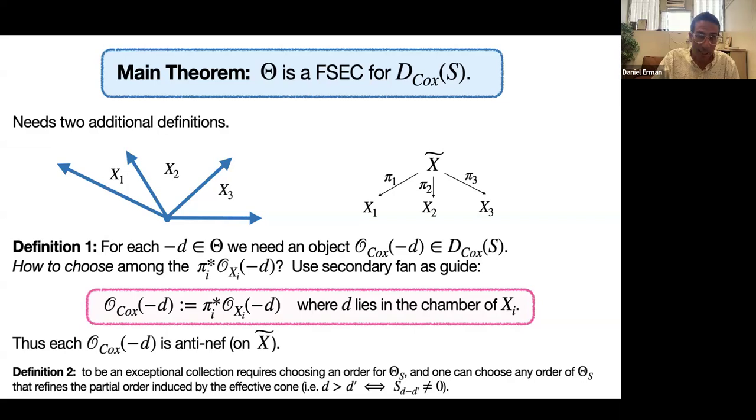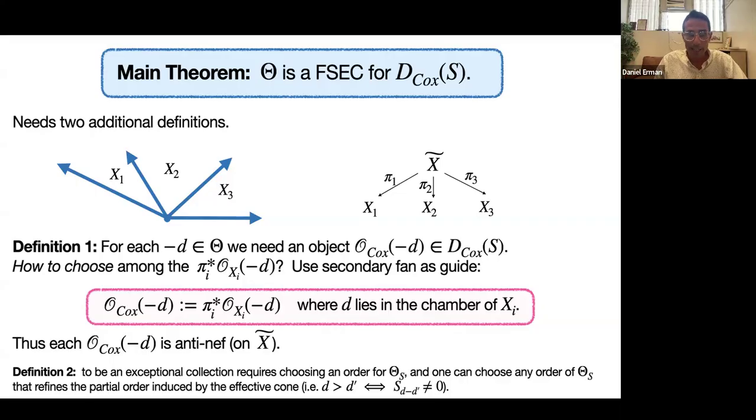The answer is that we use the secondary fan as our guide. We look where the degree lives in the secondary fan, and that tells you which ξ to choose. The effect this has is it makes each of these line bundles anti-nef on X tilde, or on the Cox category, however you want. So there's a little combinatorial recipe for how we define elements of Θ within this collection.